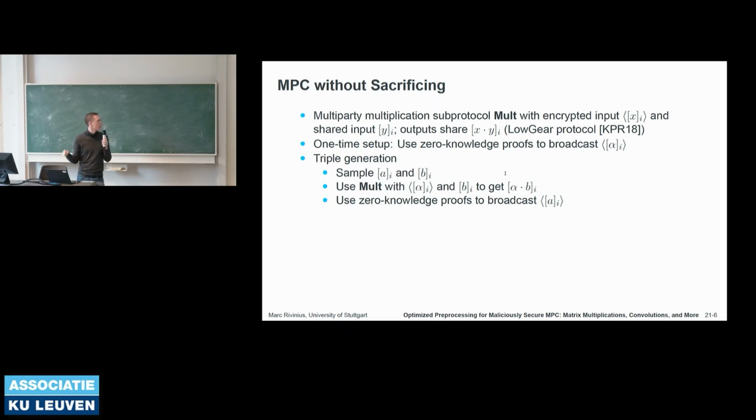Then, or just in parallel with the first part, you generate the encryptions of the share of A and broadcast that so everyone has it available to do in the next step another multiplication with this multiplication subprotocol. Here you use the encrypted shares of A as the encrypted part, and the share of alpha, the share of B, and the share of alpha times B as the second part.